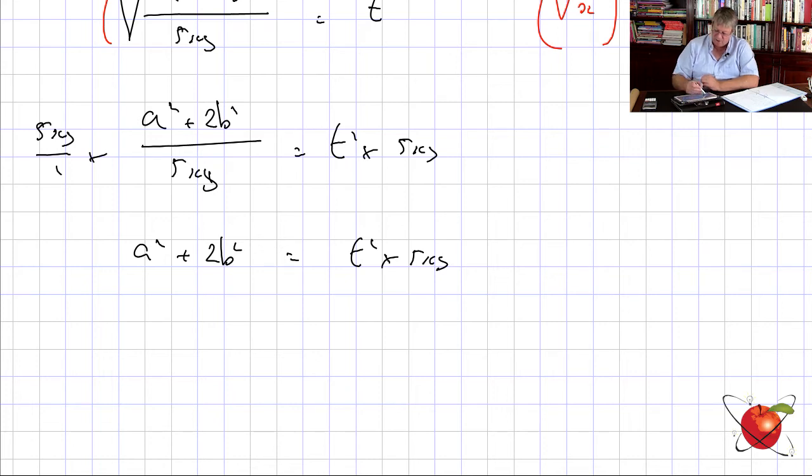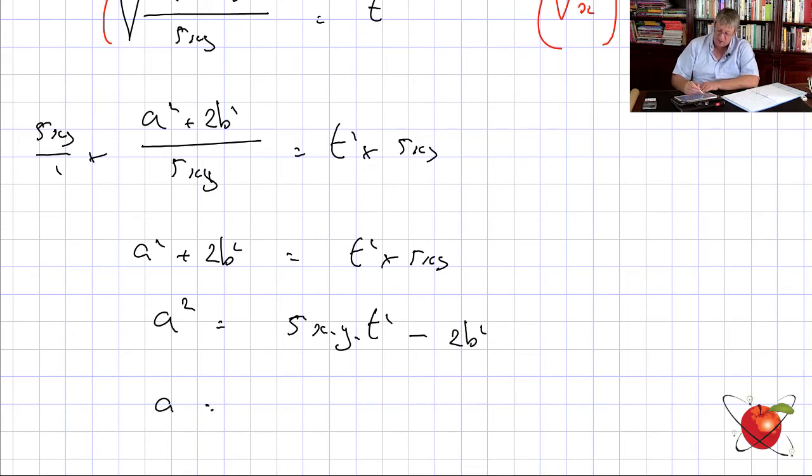Next, I only want the a on this side, so I subtract the 2b squared. So that's 5xy t squared minus 2b squared. Lastly, I've got the square.